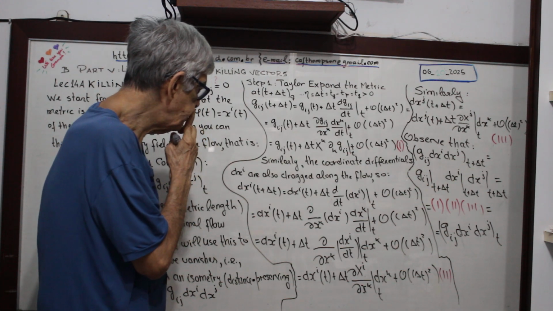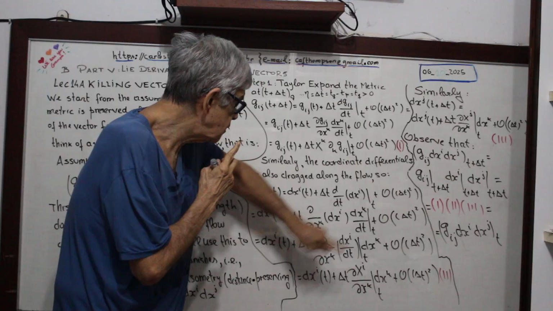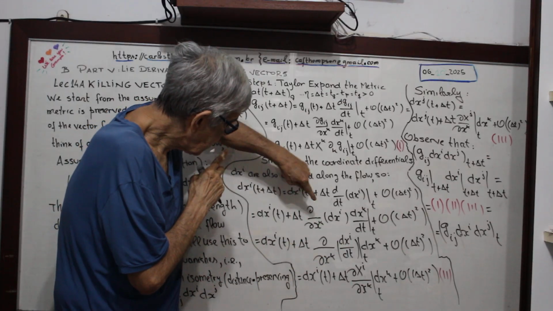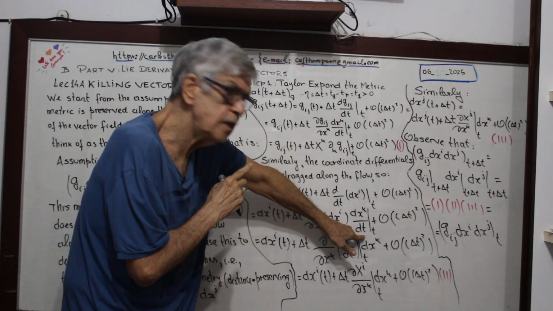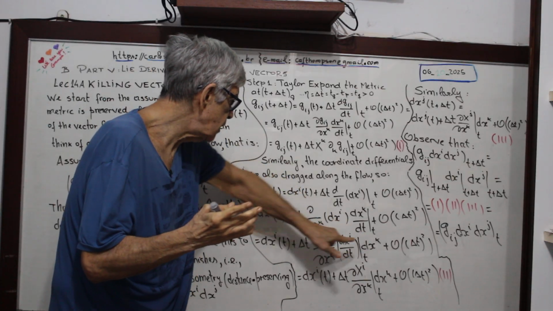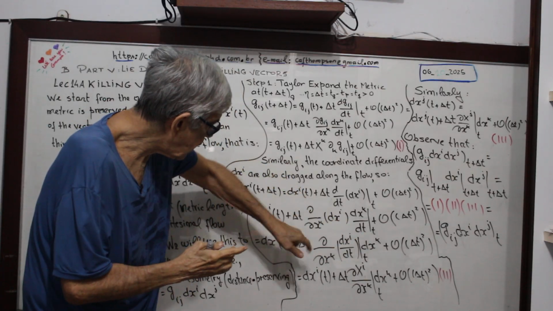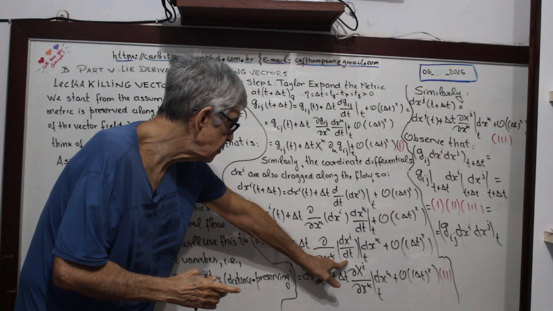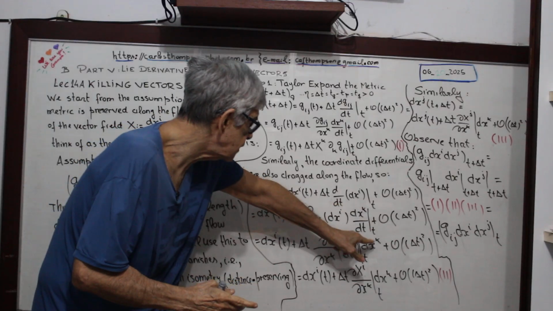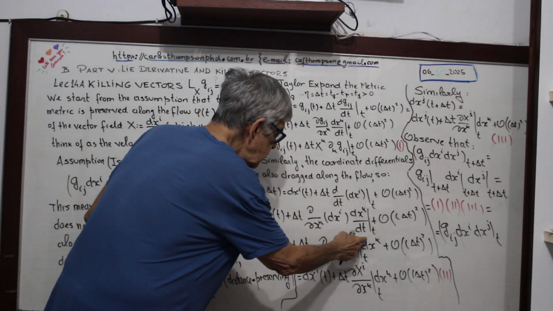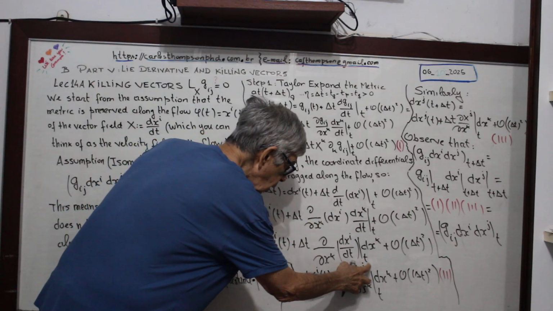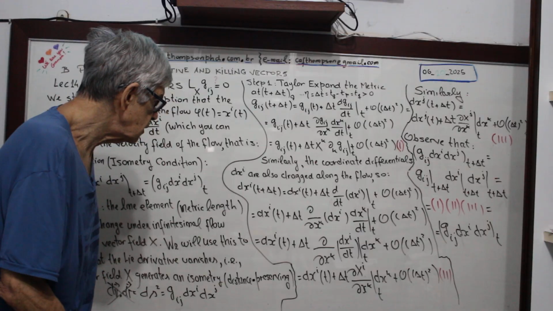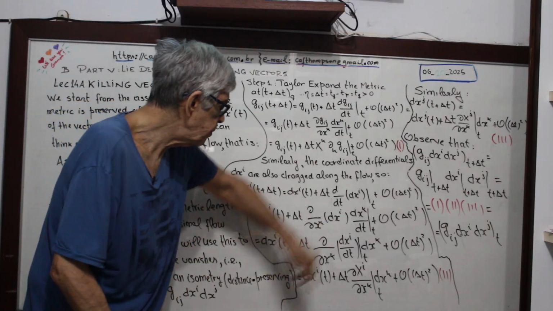I keep this in the derivative, and dt is a scalar, so I can put it inside. That's why this dt comes to here, and this is dx^k over there. This dt comes here as the denominator of dx^i over dt. dx^i over dt is capital X^i. It's quite easy to see. That's a trick.